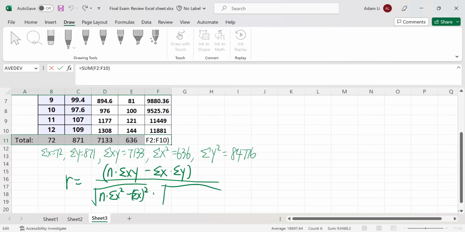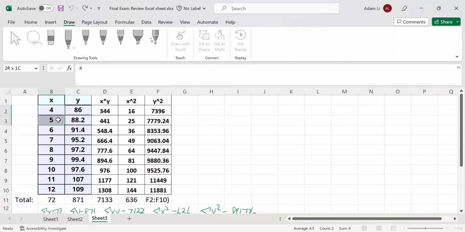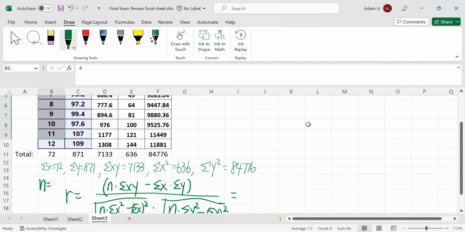The second one is n times total of y squared minus total of y, squared. So all you have to do is copy all those numbers. On the sample size here, we counted earlier: 2, 4, 6, 8, 9. Sample size is 9.